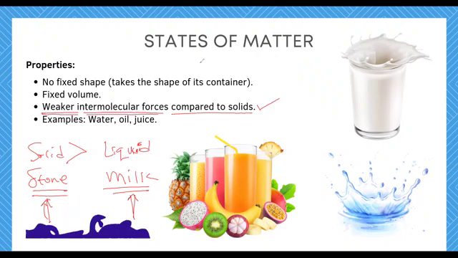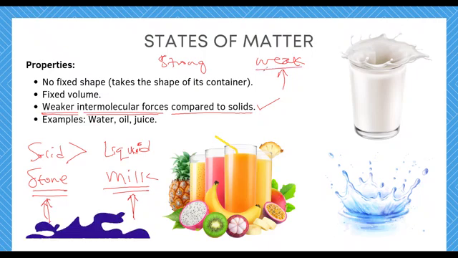So now look at this. Let's say we have two chains now. The first chain is strong, and then the second chain is weak. Which one would it be easier to break? Of course, it's going to be the weak one. Is that correct? Yes, sir. Good. So what we are saying now is that the intermolecular forces of liquids are weaker compared to that of solids.